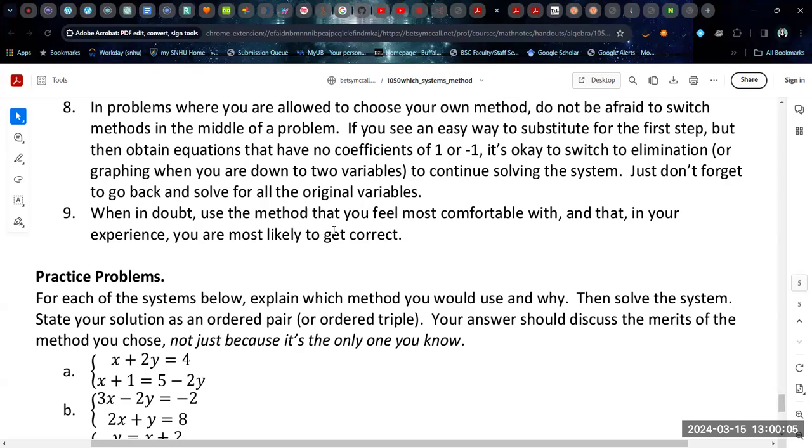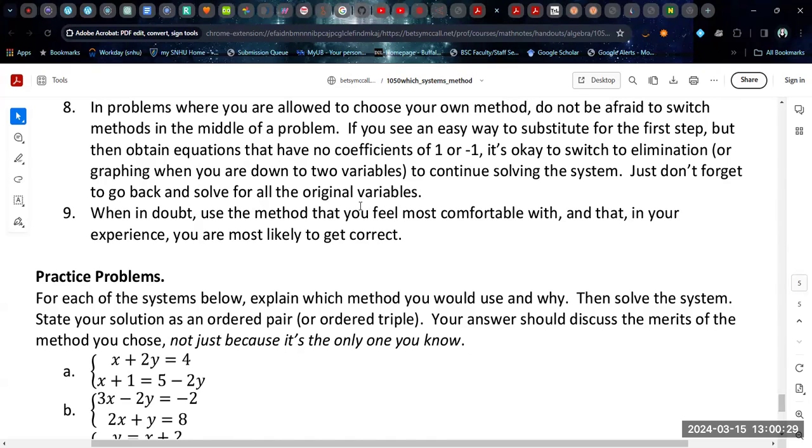To get good practice with all of these, I strongly encourage my students to practice all of the methods so that they feel equally comfortable with all of them, and check your answers with different methods. So solve it by substitution and then solve it by elimination and see if you get the same answer.